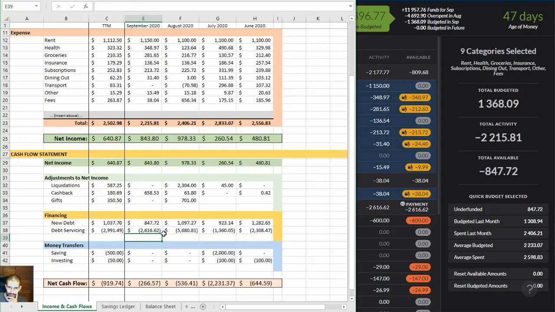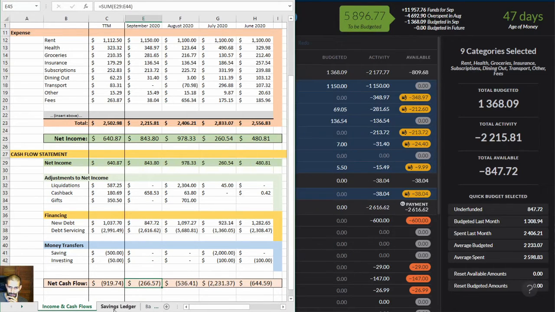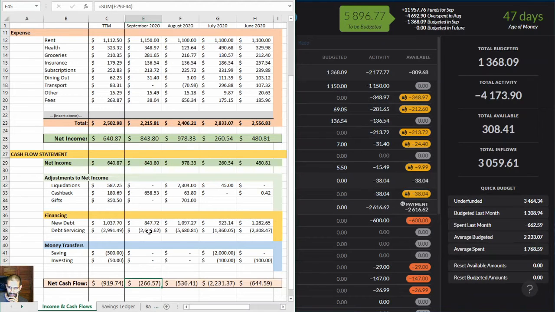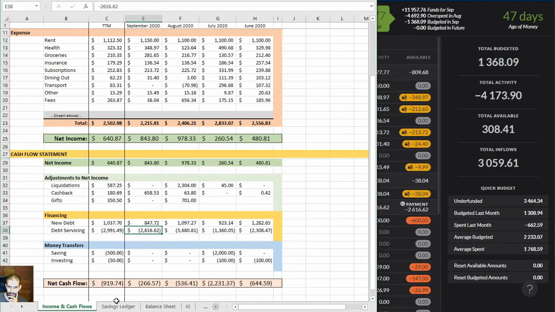Right on. And that is the end of that. Net cash flow is still negative, so we are deploying more money out towards the debts than we are taking in. So that's fine. That's still perfectly all right.